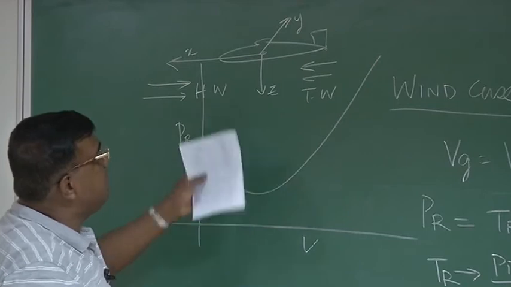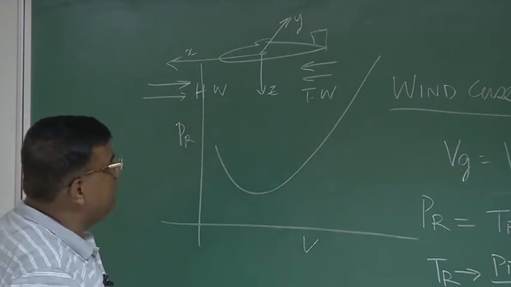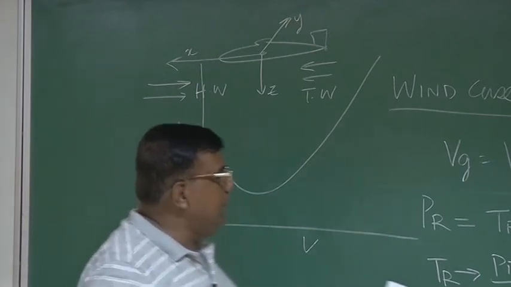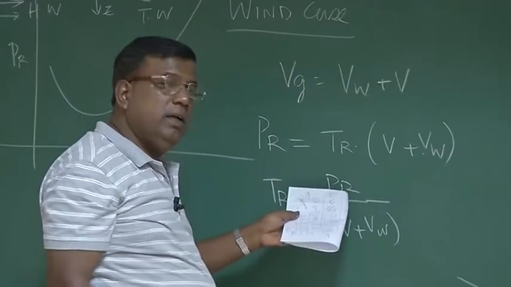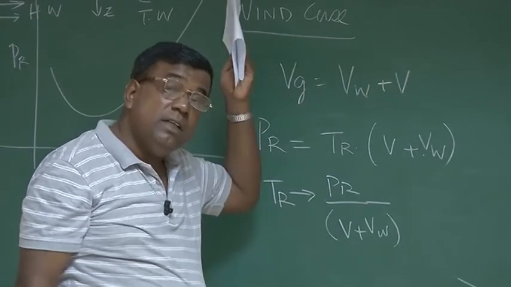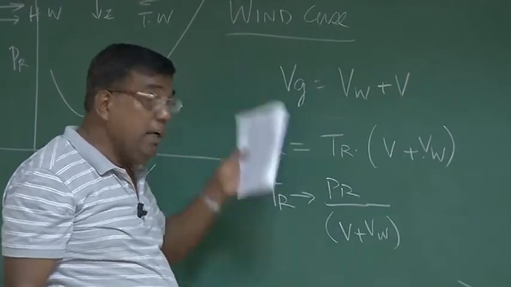So as per this convention, tailwind is positive. So what we will do, if it is positive, the power required has to be divided by a number larger than V relative, which is in stationary air. Earlier we were doing that.